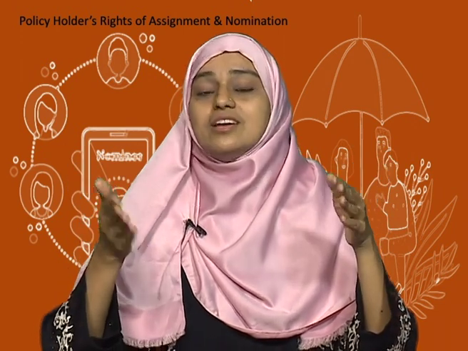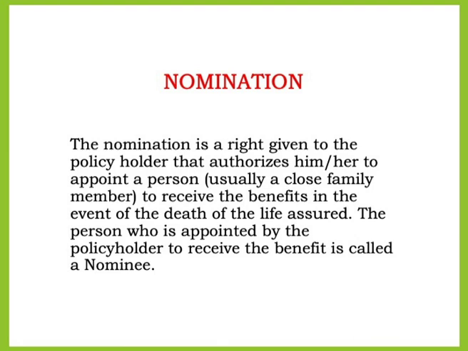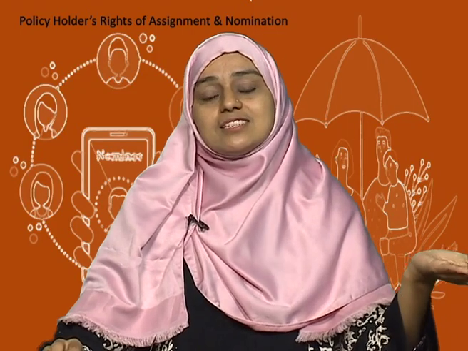So the right given to the policyholder, authorizing him to appoint a person to receive the benefit of the policy in the event of his death, is called the process of nomination. The person who is appointed by the policyholder to receive the benefit will be called a nominee. If I have a life insurance policy in my name, and I have kept my son's name as a nominee, as a person to receive the benefit, then the son will be called a nominee.